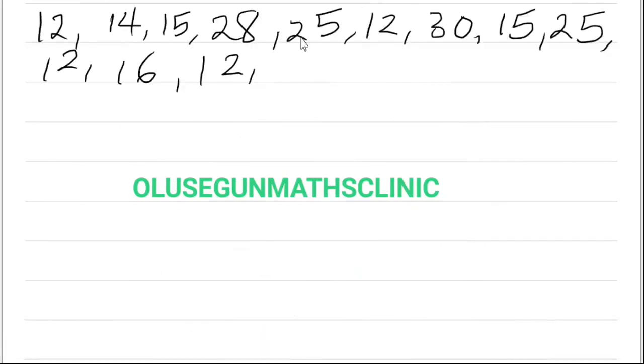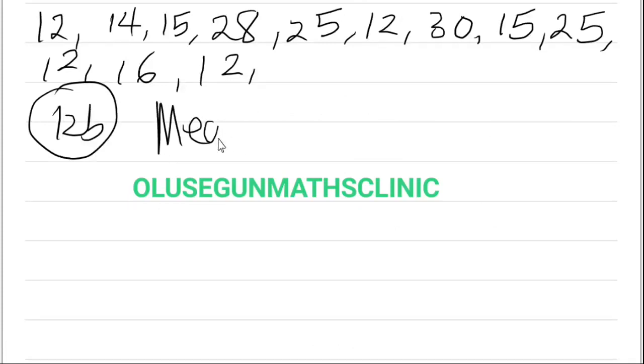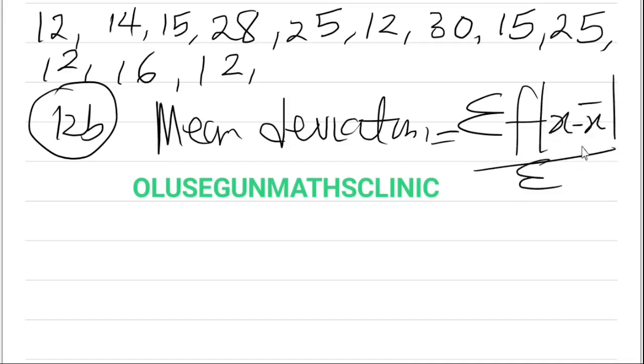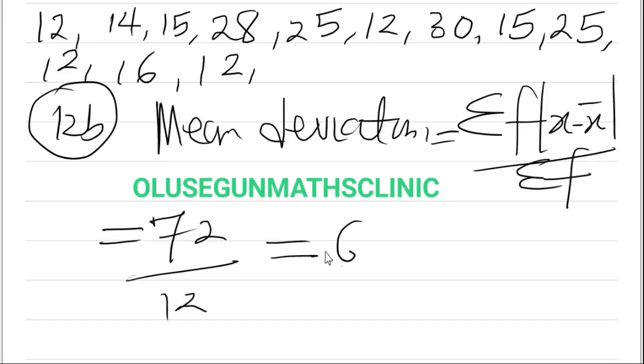So for 12b, we have to calculate the mean deviation. The formula for mean deviation is summation of the frequency times the absolute value over summation of f, which is equal to 72 divided by 12, which gives us 6. So the mean deviation is equal to 6.